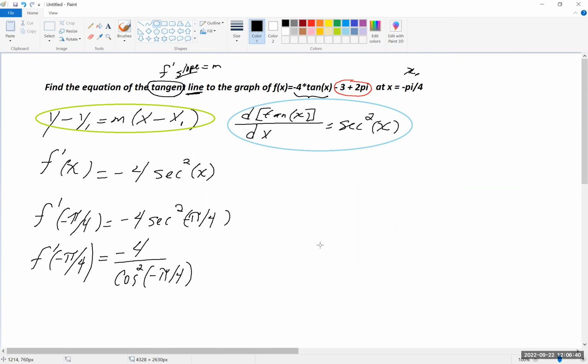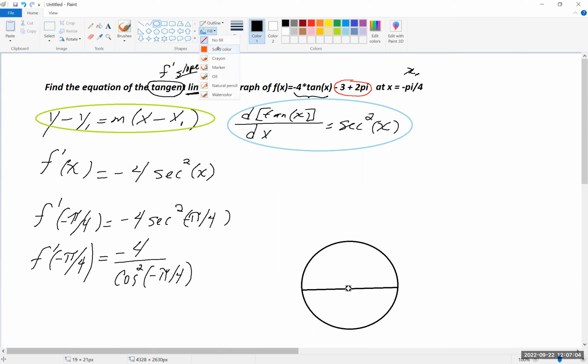Okay. And then, of course, I could use a calculator to try to evaluate it. But what I'd rather do, if I can remember how to use my unit circle, and so that's the center of my unit circle.